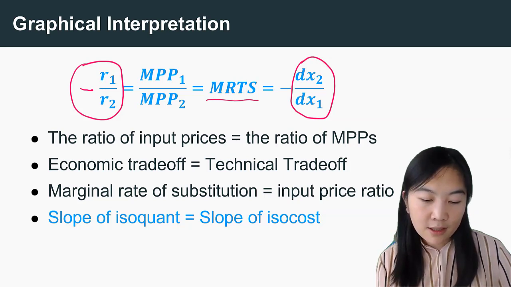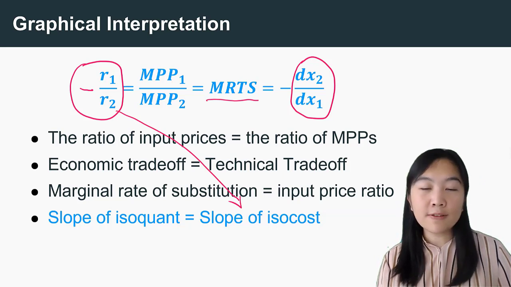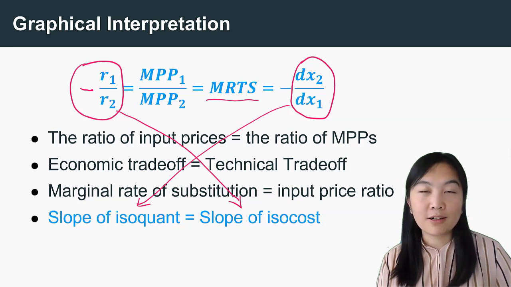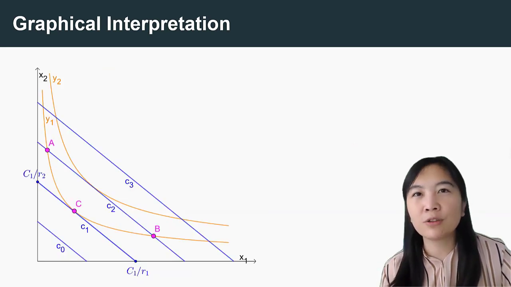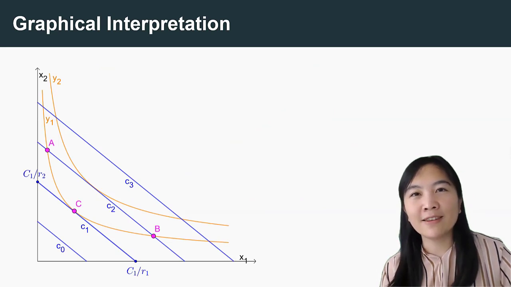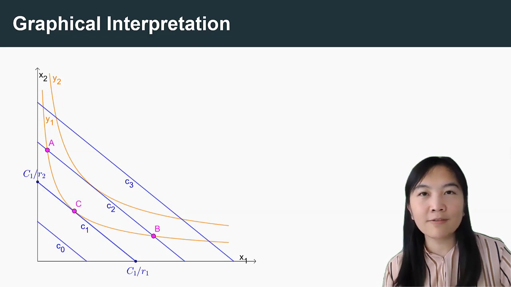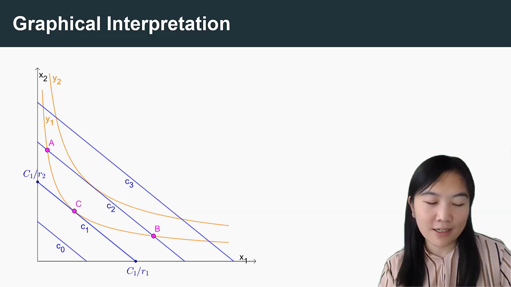Then from this condition, we can get that the slope of the isocost curves is the same as the slope of the isoquant curves. Graphically, if the slope of a curve equals the slope of a line, then they are tangent to each other. So here, the curve is the isoquant curve, and the line is the isocost line. So our optimality condition tells us that the isoquant curve and the isocost line should be tangent to each other.